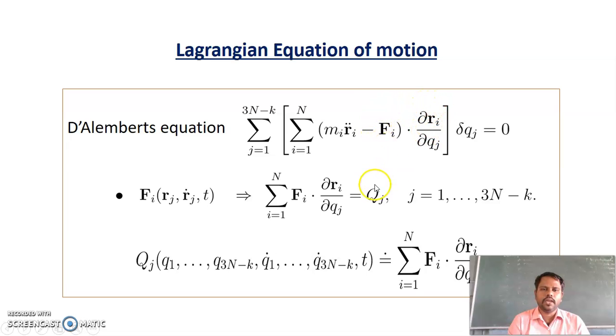Considering this to be Qj, then Qj term will be equal to summation i is equal to 1 to n, Fi dou Ri by dou Qj, and this Qj represents generalized force.